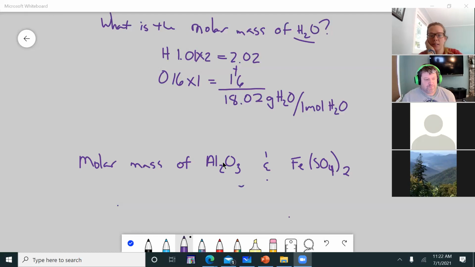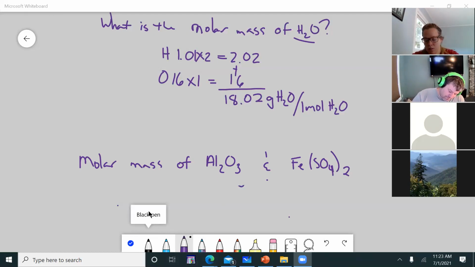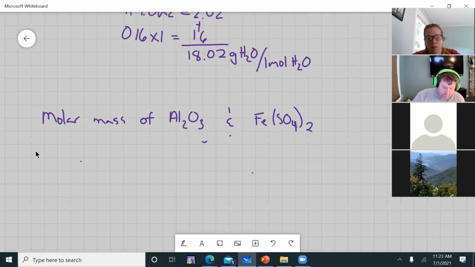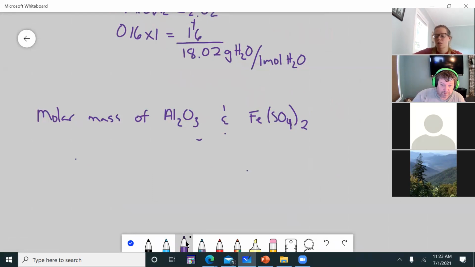Okay, so the molar mass of aluminum oxide, Al2O3. Aluminum has a mass of 26.98, and we're going to multiply that by 2. And we've got oxygen, which is 16. We're going to multiply that by 3.